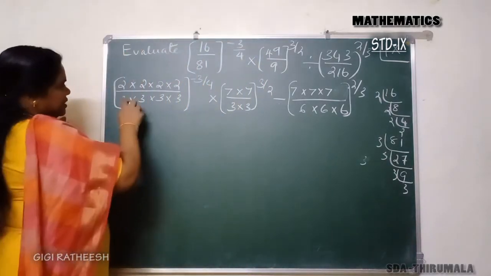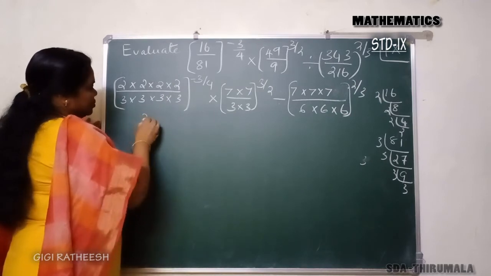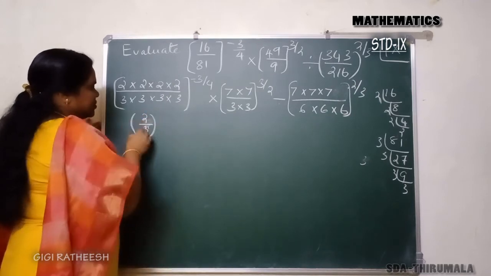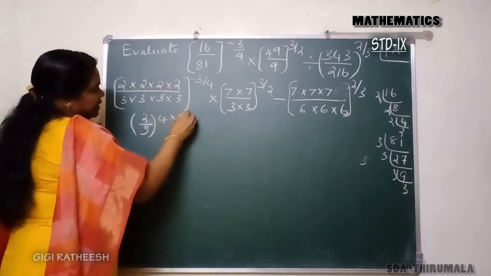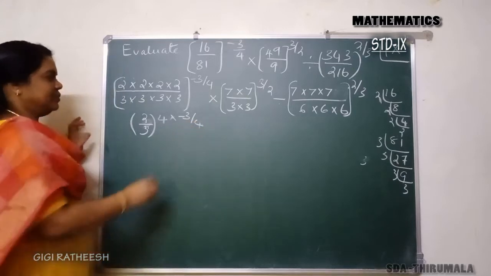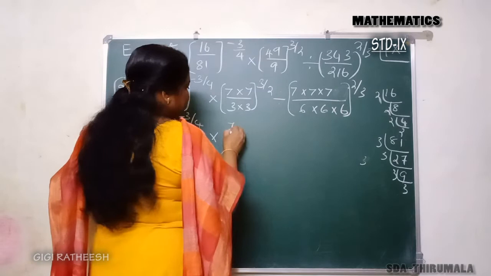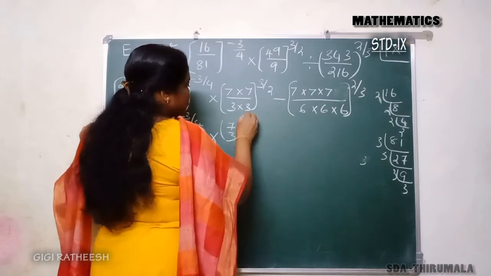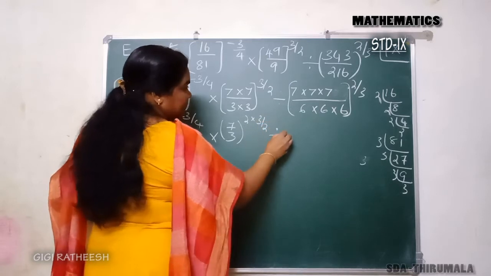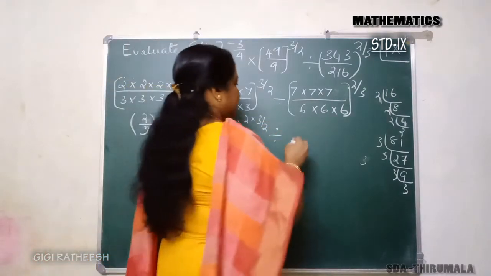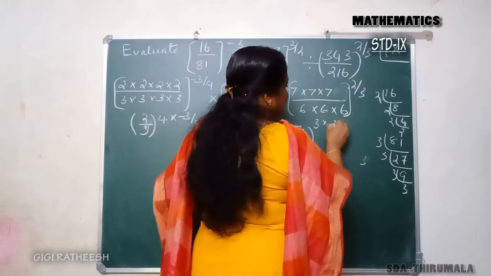And we can write it as 2 by 3 the whole raised to 4 times, 4 into minus 3 by 4, into 7 by 3 the whole raised to 2 into 3 by 2, divided by 7 by 6 the whole raised to 3 into 2 by 3.